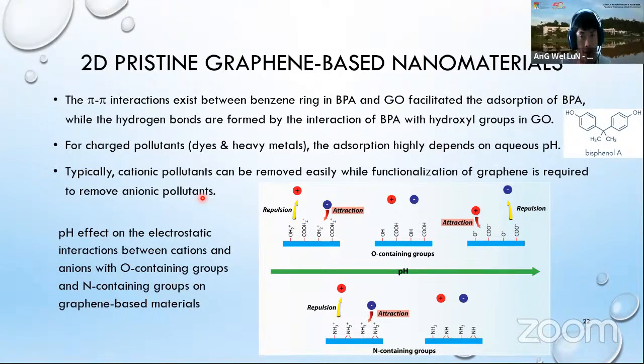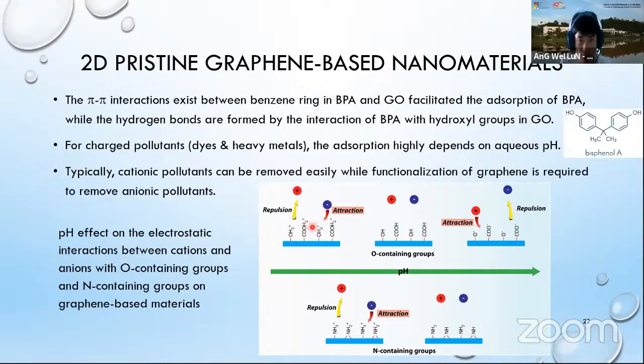So it will be capable of removing most of the positively charged pollutants. But if we want to remove negatively charged pollutants, then we have to functionalize it. We have to combine the graphene with other materials such that it can remove negatively charged pollutants under the same conditions.